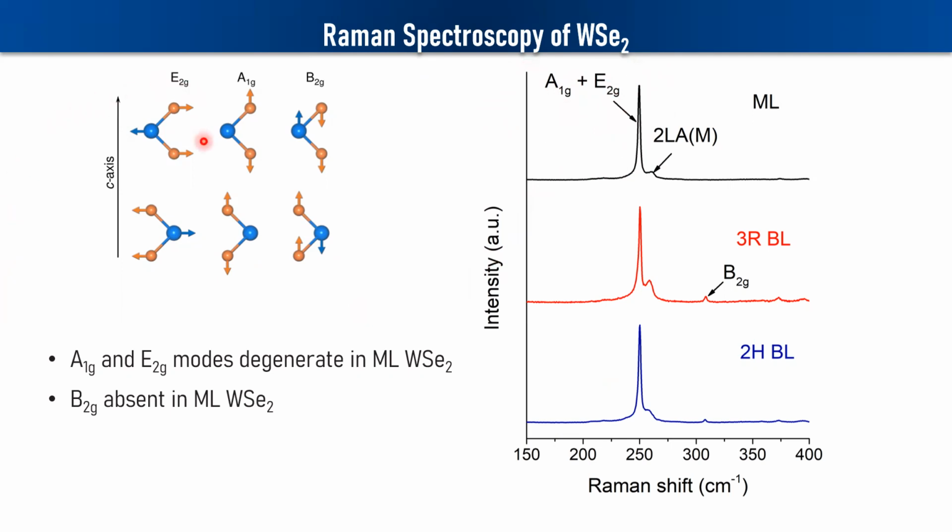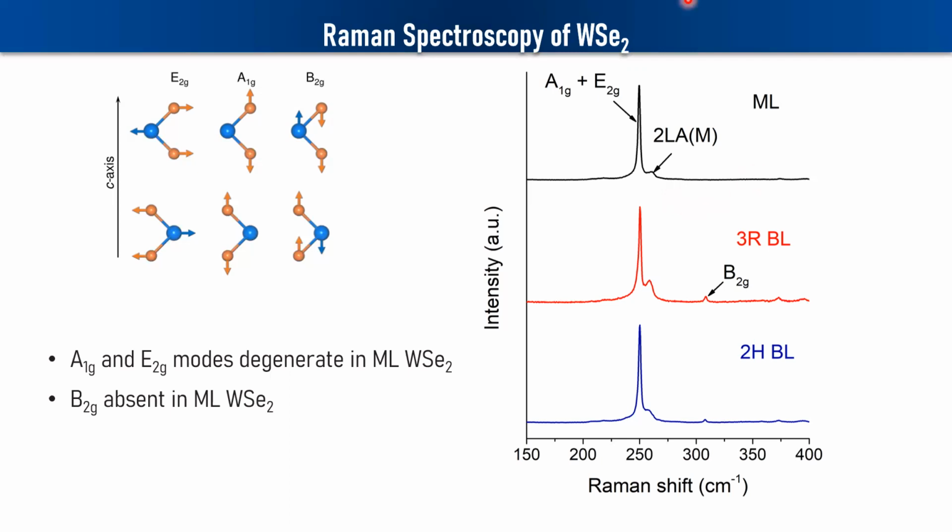E2g corresponds to the in-plane vibration and A1g is the out-of-plane vibration. In most of the other TMDCs, these two peaks are separated, so by seeing the difference between the Raman shifts of these peaks, you can see whether it is a monolayer, bilayer, trilayer, etc.